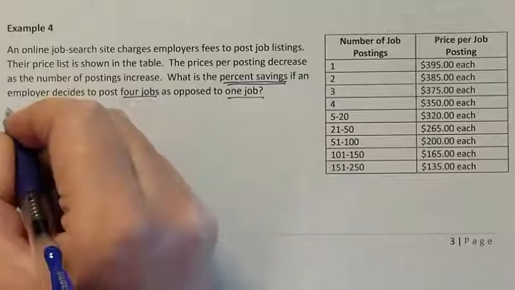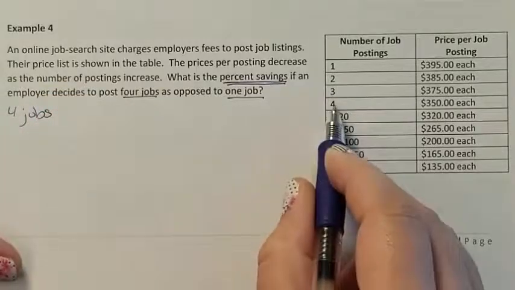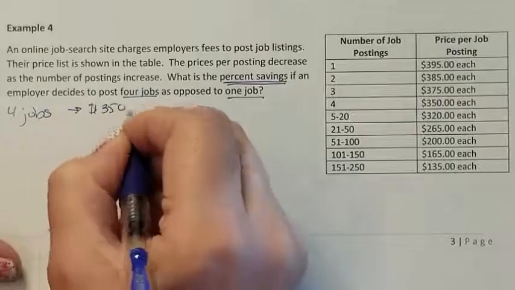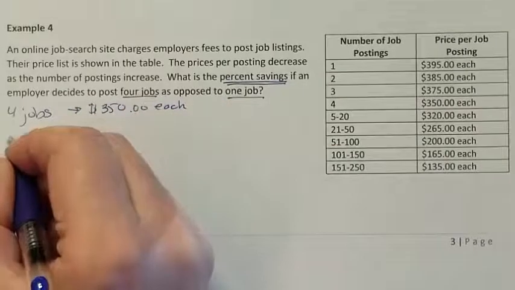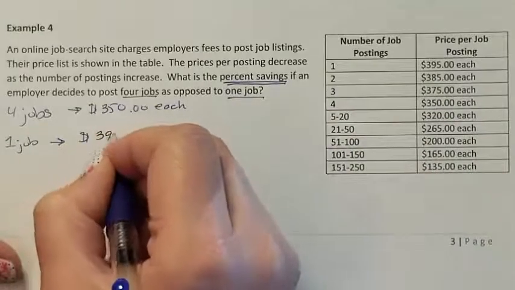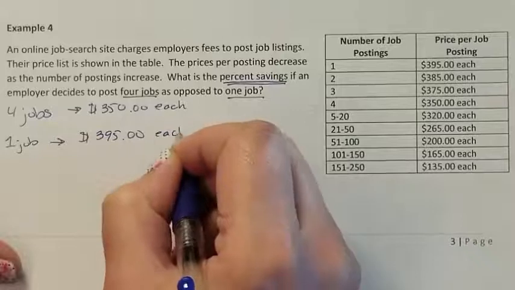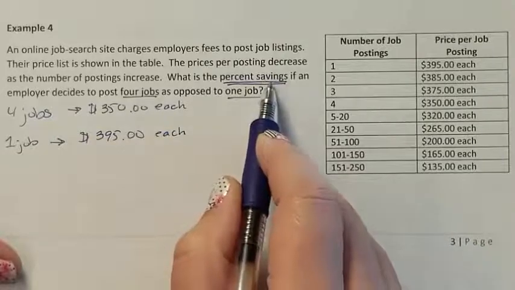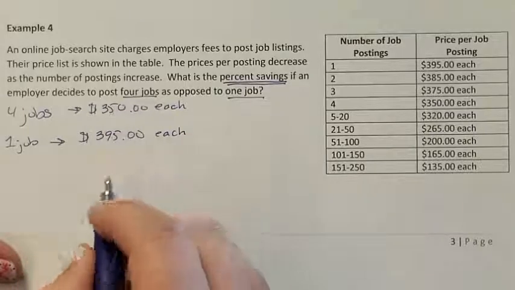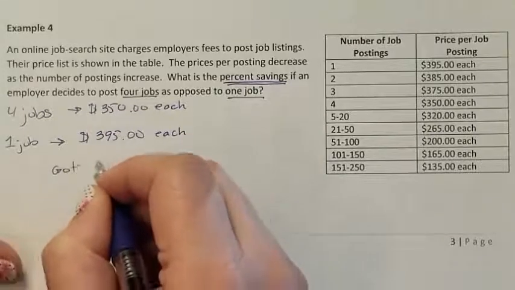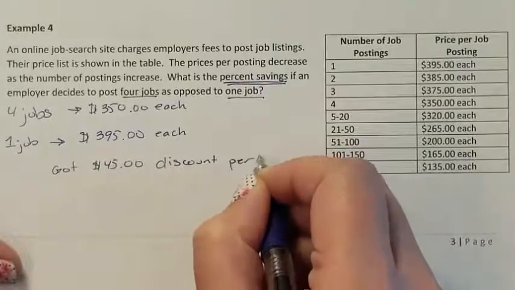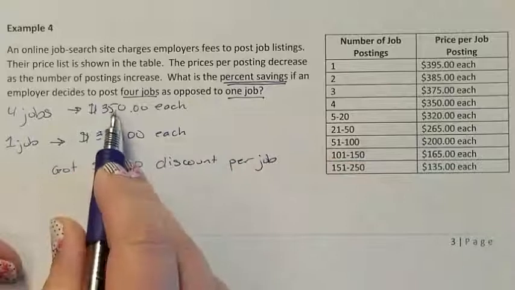Well, if I wanted 4 jobs, it is $350 each. One job was $395 each. So for the percent savings, I need to know the difference between these two. So I ended up getting a $45 discount per job if I posted 4 instead of 1.